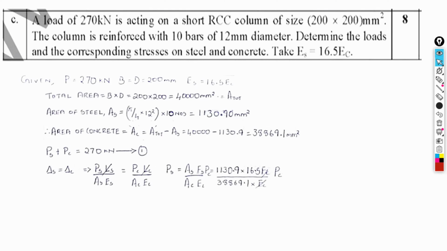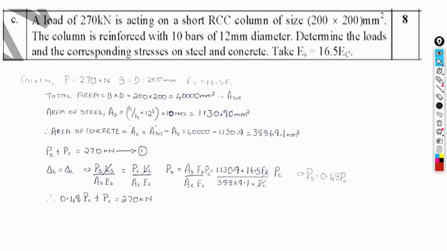This is just a rearranging of these terms. We know that area of steel is 1130.9 into Young's modulus of steel, they gave 16.5 times EC, into PC as it is because we don't know the value of PC, divided by AC, which is 38,869.1 into EC as it is. So after cancelling Young's modulus of concrete, we will get PS equal to 0.48 PC.